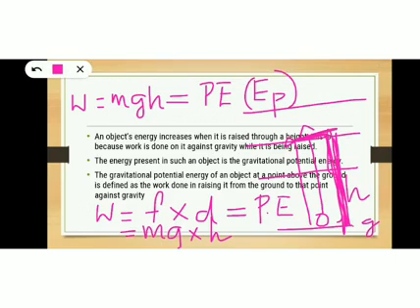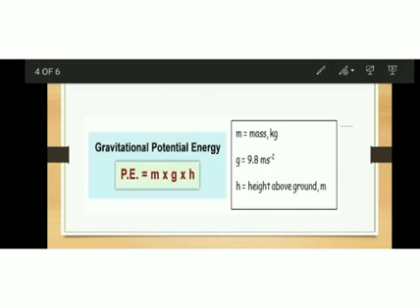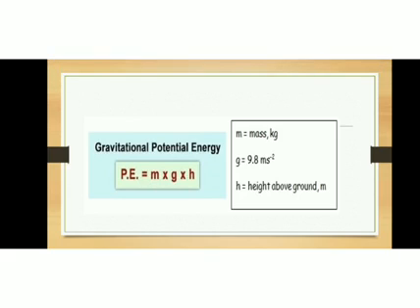Okay, now see, whatever I had discussed just before is again written in this slide. Gravitational potential energy is mgh, where m is the mass in kilogram, g is acceleration due to gravity, that is 9.8 meter per second square, and h is the height above ground expressed in meter.